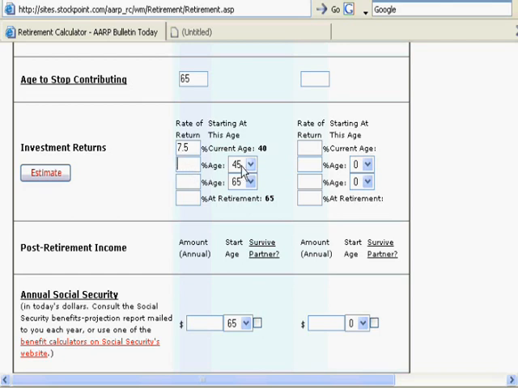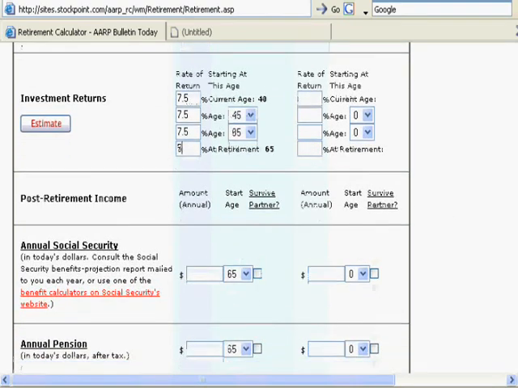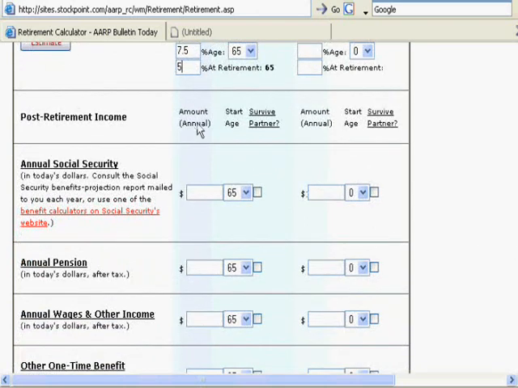we're just going to keep using the same. And at retirement, I always use 5%, simply because we get a little bit more conservative. Post-retirement, Social Security, you could do with Social Security, you could do without Social Security.